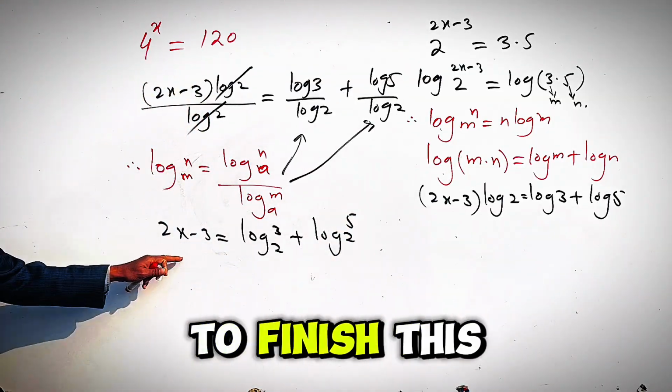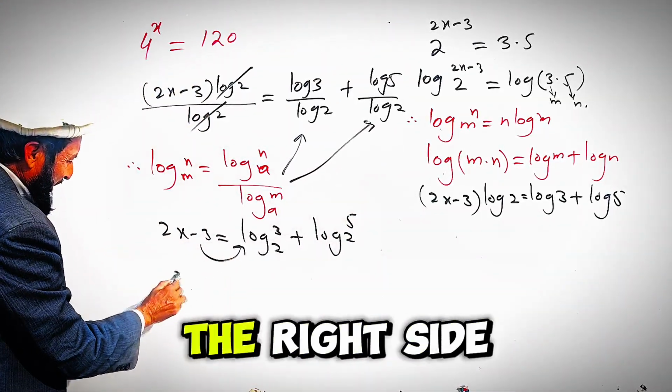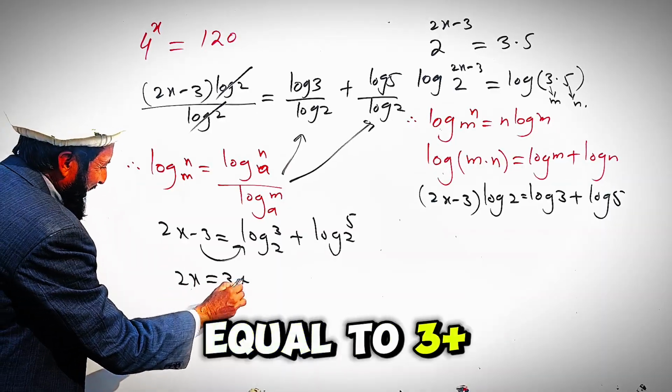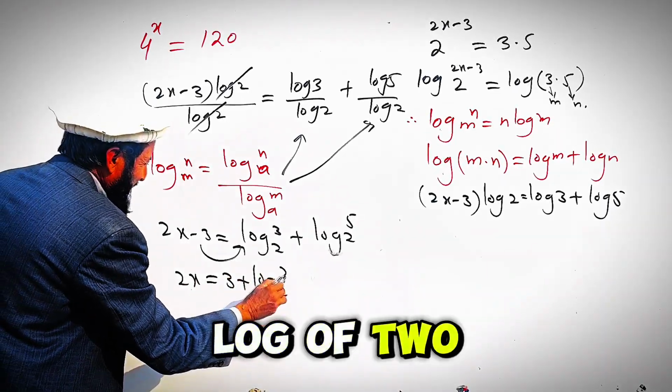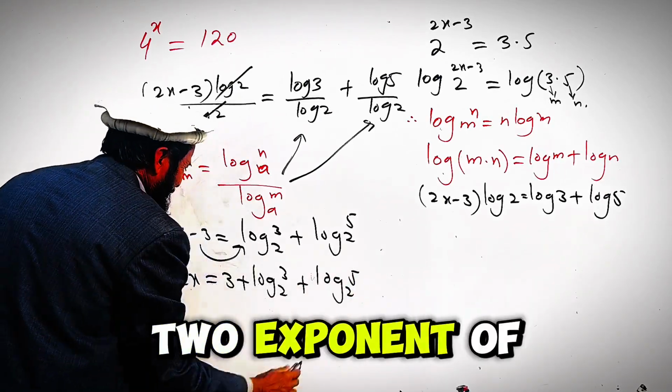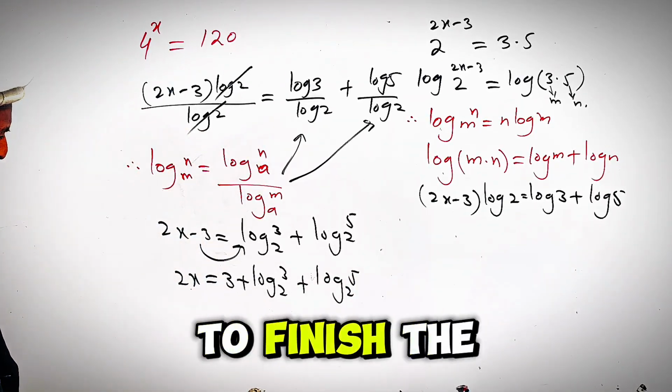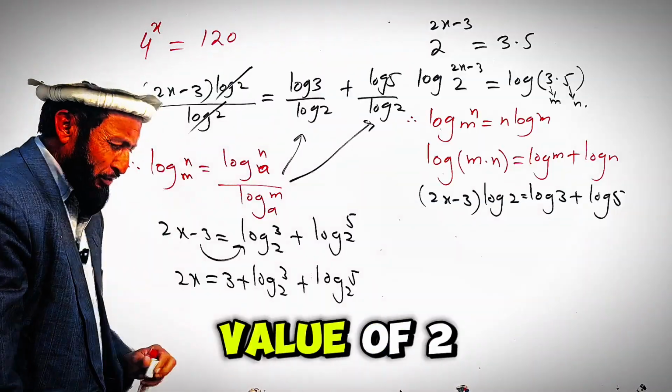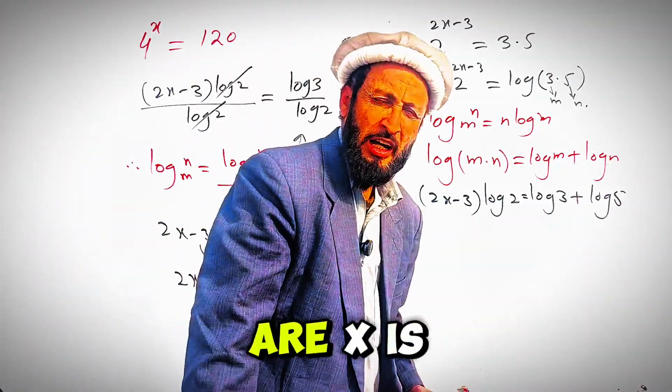Now we try to finish this result 3. We change to the right side: 2x is equal to 3 plus log of 2 exponent of 3 and log of 2 exponent of 5. Now we try to find the value of x, so the coefficient of 2 must be removed.